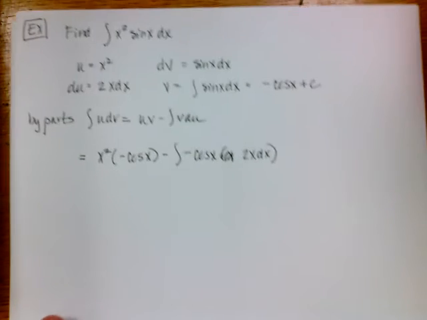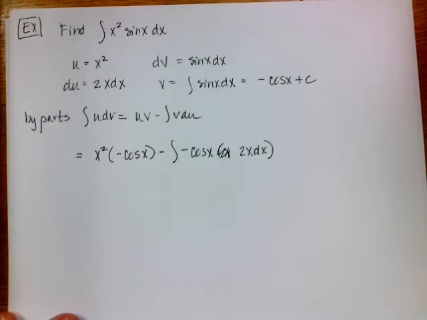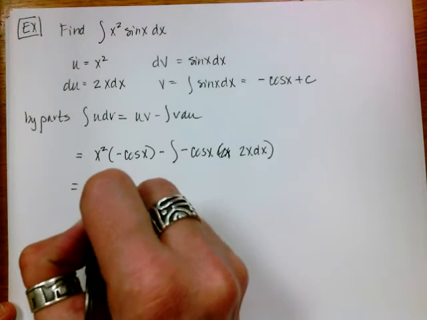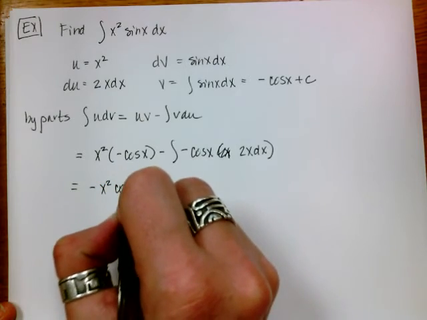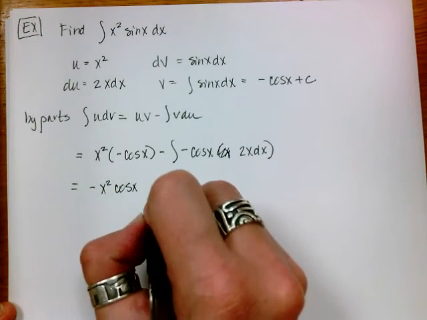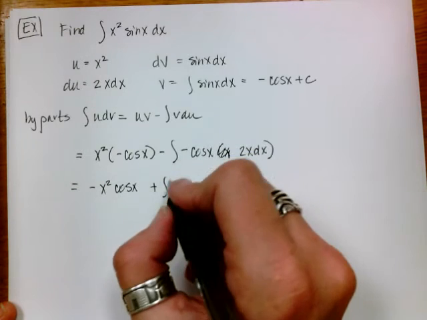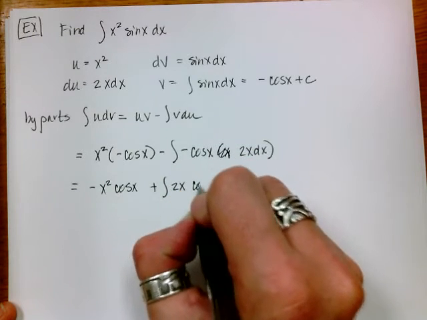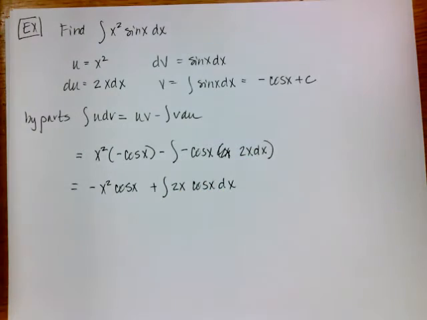Okay? And eventually I'll get a c in there, but I'm not going to do it just yet. So this one is a negative x squared cosine of x, negative, negative, this is a plus integral of 2x cosine of x dx.